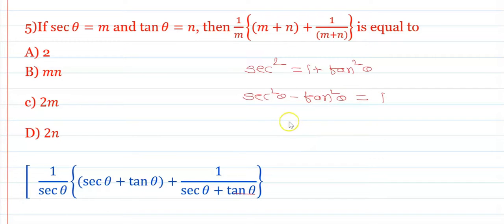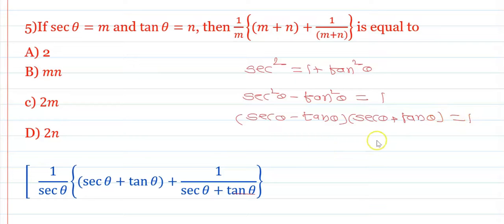If we split this up, what will you get? You will get sec theta minus tan theta in one bracket, and in another bracket sec theta plus tan theta, and that is equal to 1.